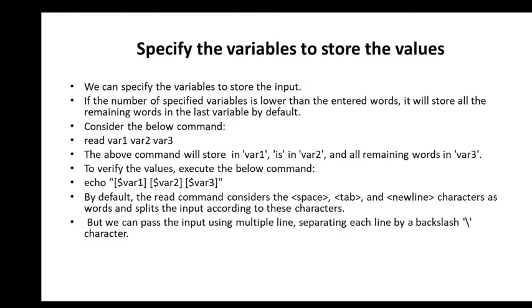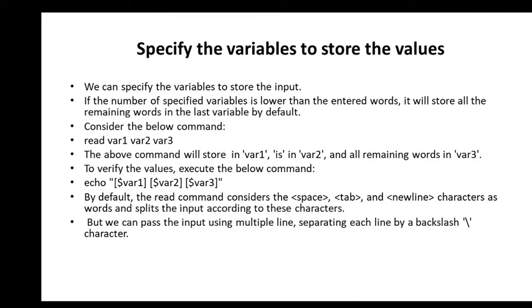Specifying the variable to store the values. We can specify variables to store the input. If the number of specified variables is lower than the entered words, it will store all remaining words in the last variable by default. Consider the below command.